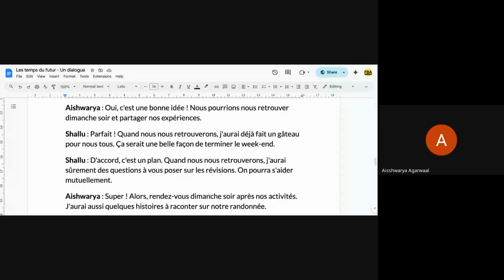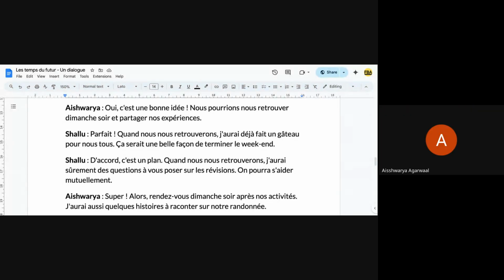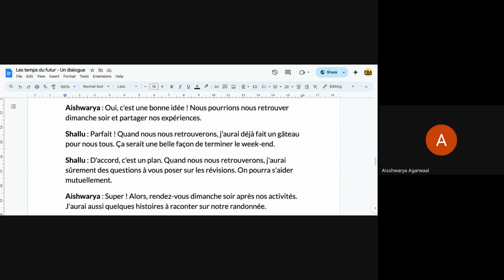Try to make this list on a separate page where you note this, as we read along. And when I say quelque chose, it can be anything. It doesn't have to be literally quelque chose there.